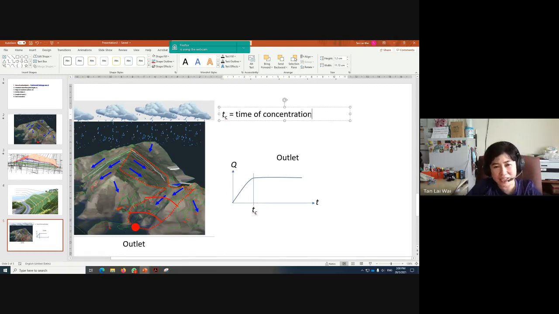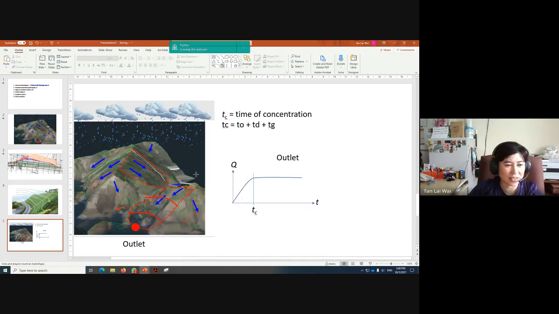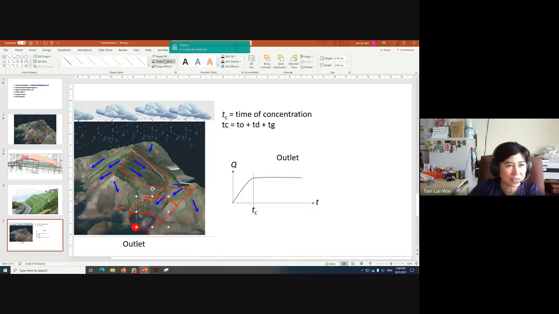Now, why do they say TC is equal to T naught plus TD plus TG? Overland, drain, and gutter. Here's the thing. Assuming I have a river here, okay, this is the river.